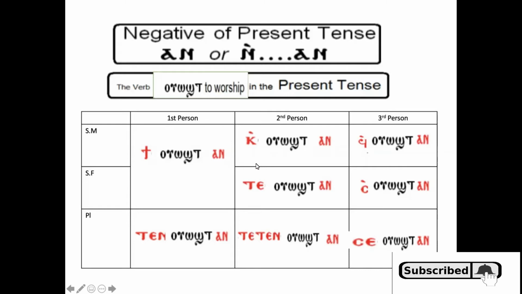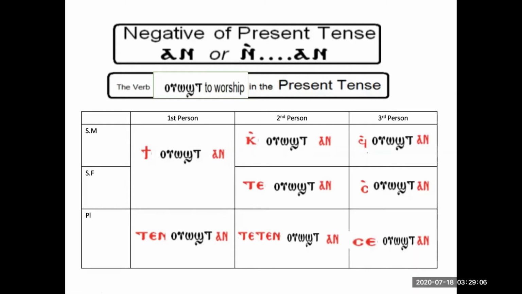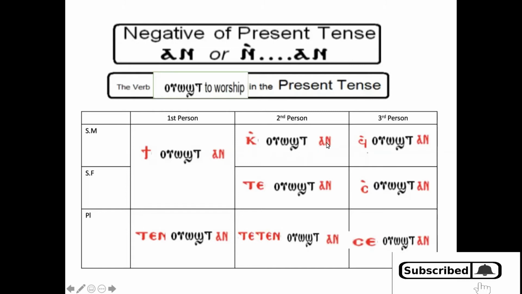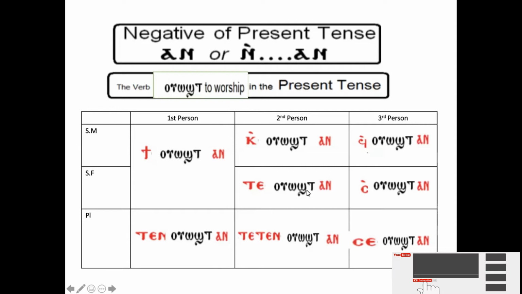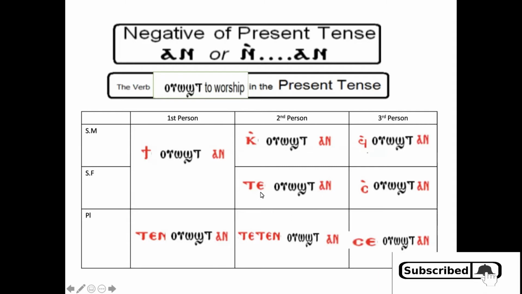And if I talk to someone, singular masculine, and I say you do not worship, I should say ek o'osht on. If I talk to a singular feminine and I say you do not worship, I should say te o'osht on.